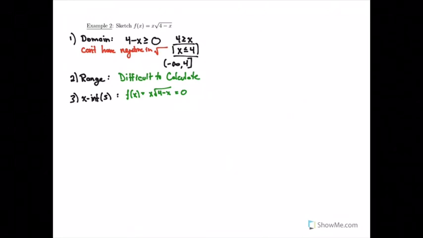To get rid of the square root, let's square both sides. That's going to give us x squared times 4 minus x equals 0. From here we have that x is equal to 0 and x is equal to 4.